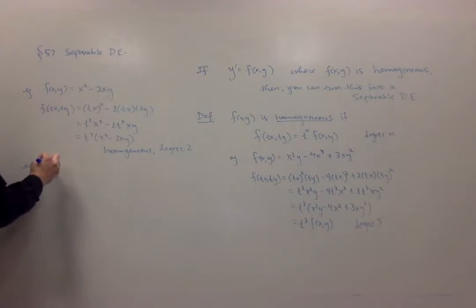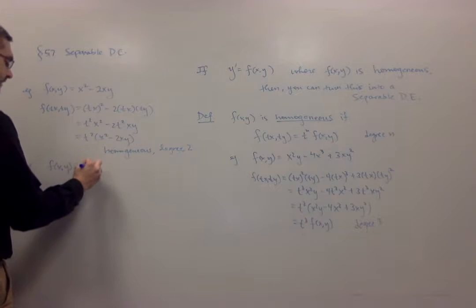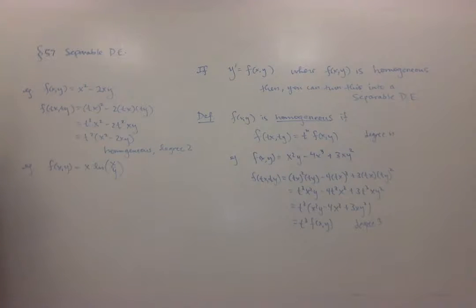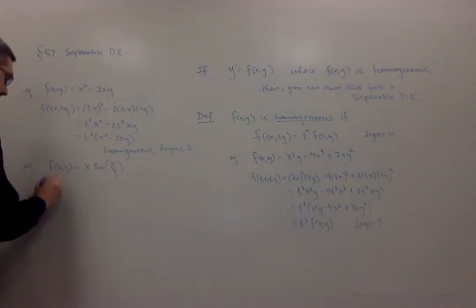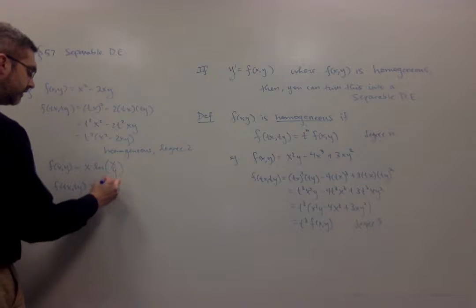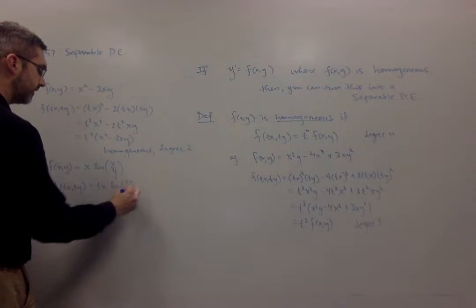All right, now it doesn't have to necessarily look like that. Let me give you another example. What if it was x times the natural log of x over y? You know, this one looks a lot weirder. If I have tx and ty, then let's do tx, natural log of tx over ty.